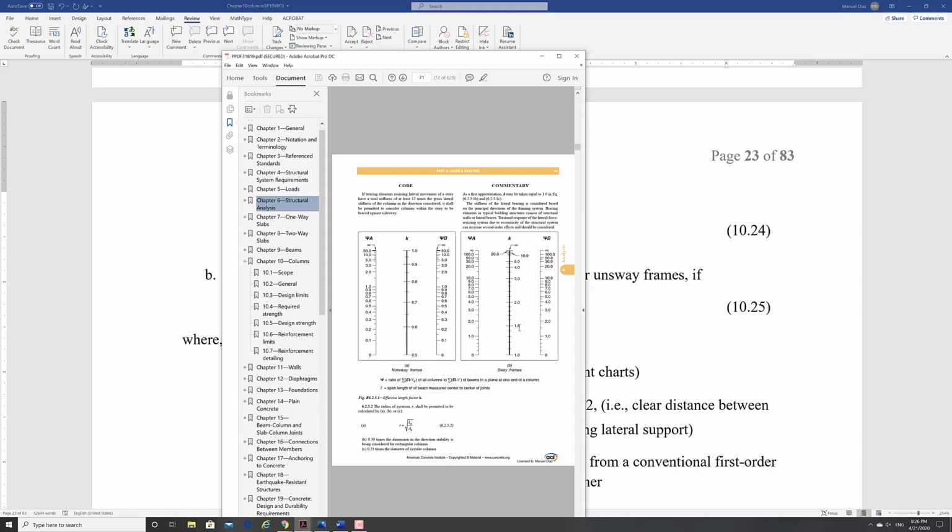And so you need to use the proper chart. That's again the reason why you need to know when a frame is non-sway and when a frame is sway, because the charts are different. Notice that the values here for the K do not go past 1. The values here can go all the way to infinity, theoretically, right? So that's very important.